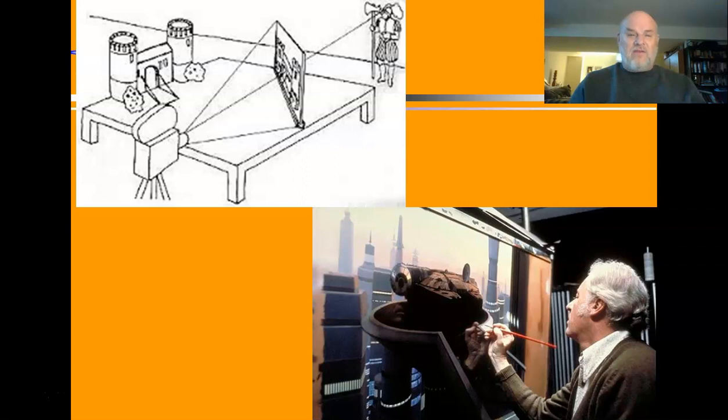And what this involves is usually creating a model of an environment or a set, placing the model at a 90-degree angle to the camera, then placing a mirror at a 45-degree angle to the camera. And in this case, they've used a gap in the mirror.